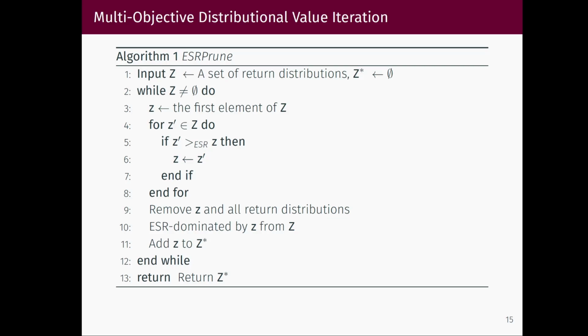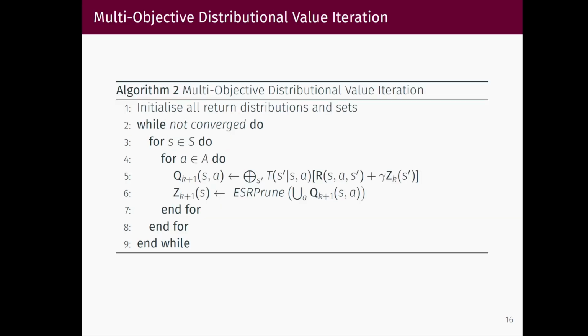By iterating over the multi-objective distributional value iteration algorithm for each state and for each action, and by executing both equations, doing the cross sum and multiplying by the transition probability and updating the distributions, and then pruning away the dominated distributions, we eventually backpropagate the optimal set of distributions back to the initial state. Then we can return those distributions to the user, and the user can select an optimal policy which best reflects their preferences once their utility function becomes known.